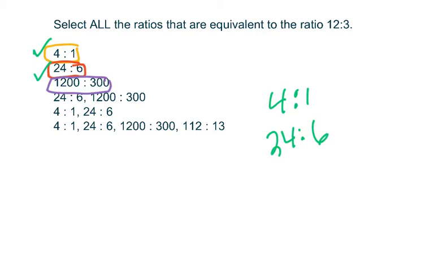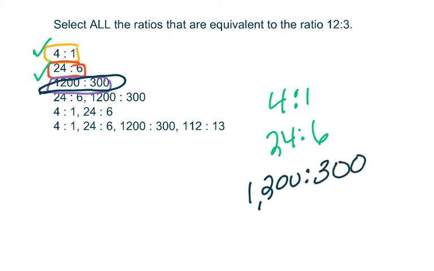The reason why this answer is not correct is because you also needed to circle or choose the ratio 1,200:300. So if you got this one wrong, perhaps you didn't understand how to simplify 1,200 to 300. And so because maybe you didn't know how to do that, you didn't go ahead and circle that answer.